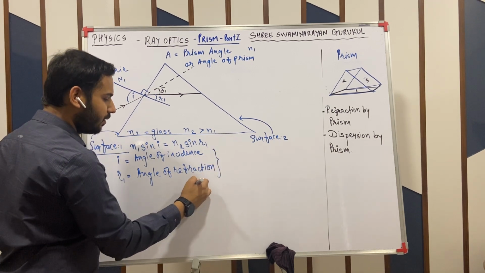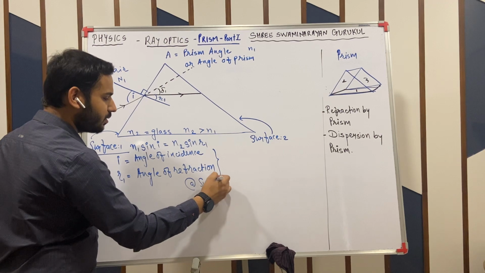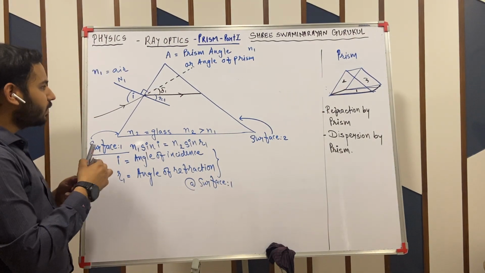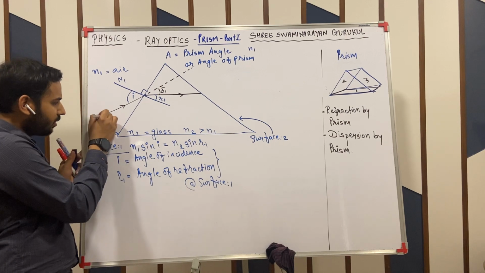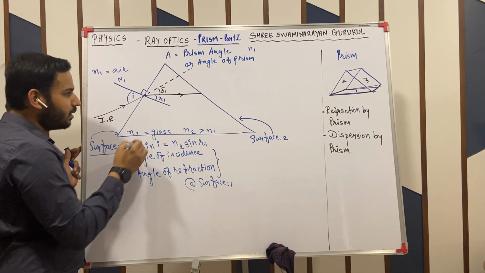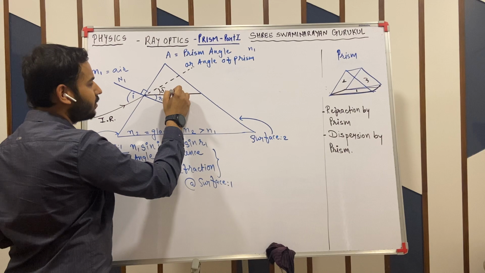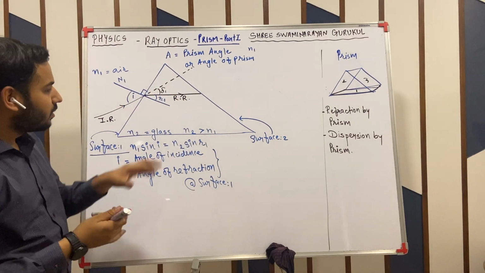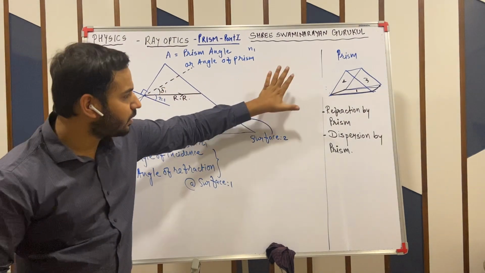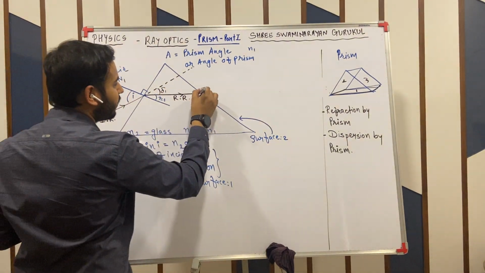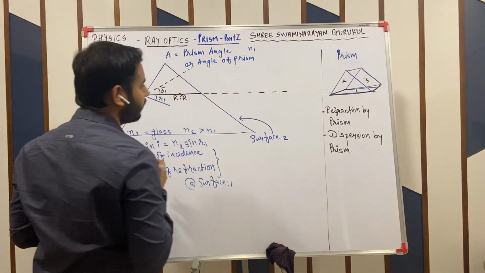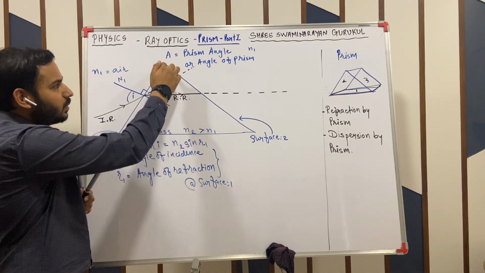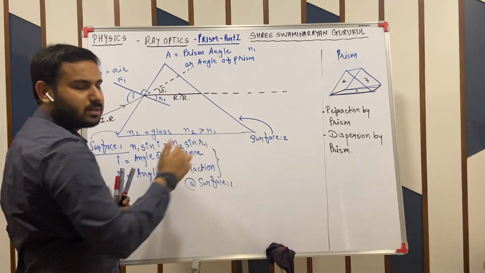These two are at surface 1. Okay, now see this. This ray is called the incident ray. This ray is called the refracted ray. Suppose the refracted ray is extended up to infinity. So this could be the direction of the light ray, the refracted ray. But it's not like that. Now the refracted ray will become the incident ray for surface 2.